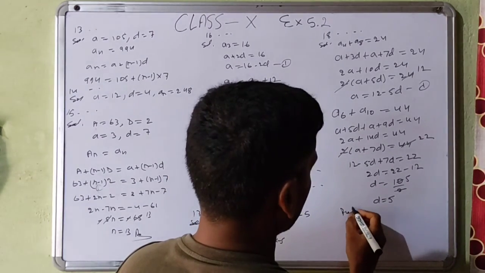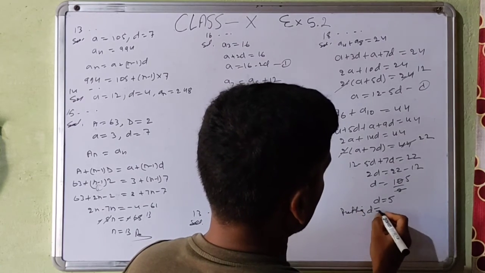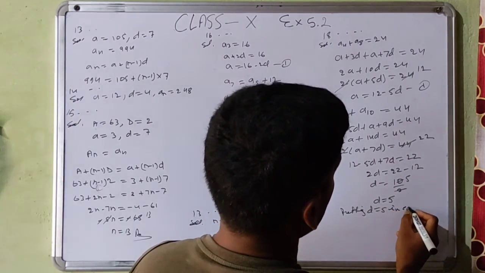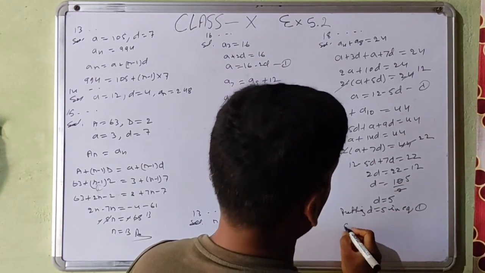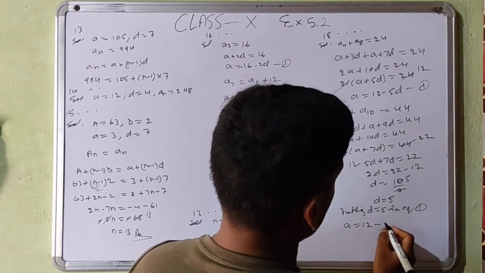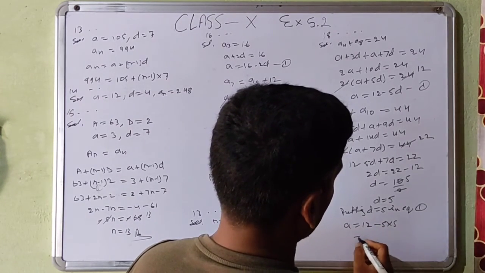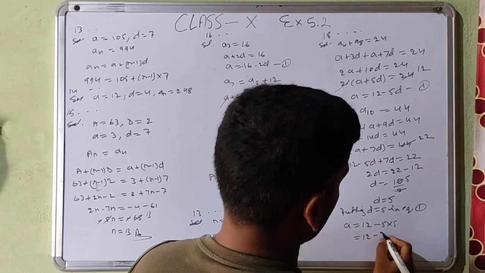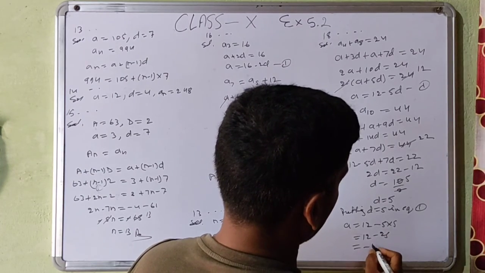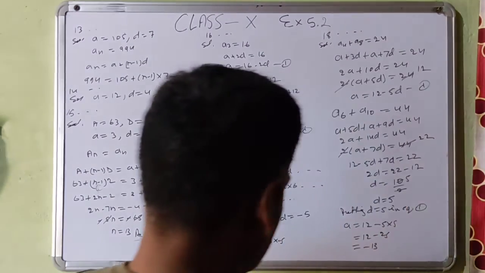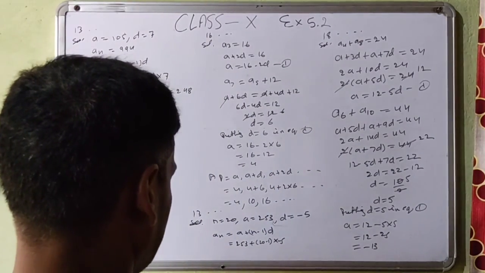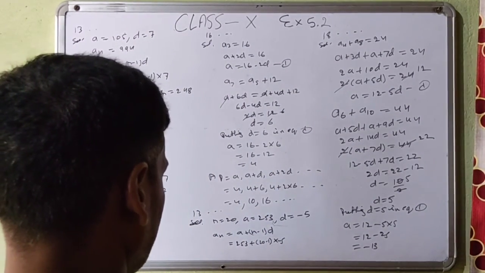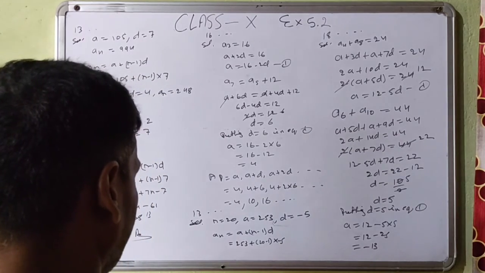So putting D is equal to 5 in the first equation, A is equal to 12 minus 5 into 5. So that will be 12 minus 25, that will be minus 13. So A is equal to minus 13.